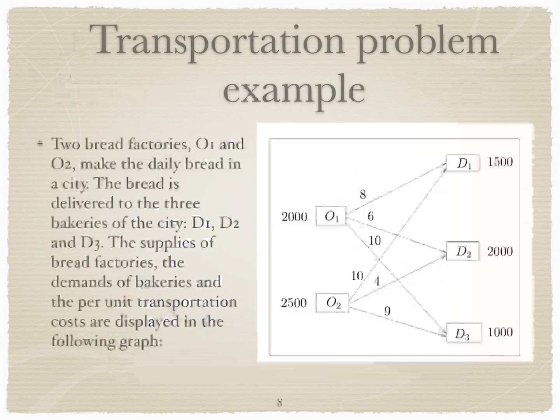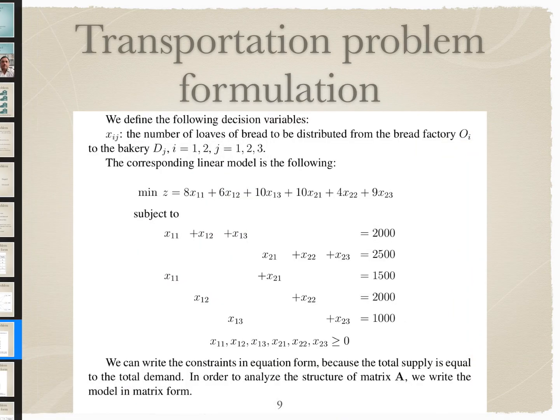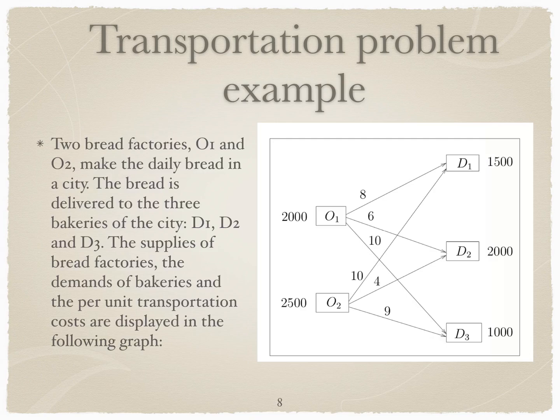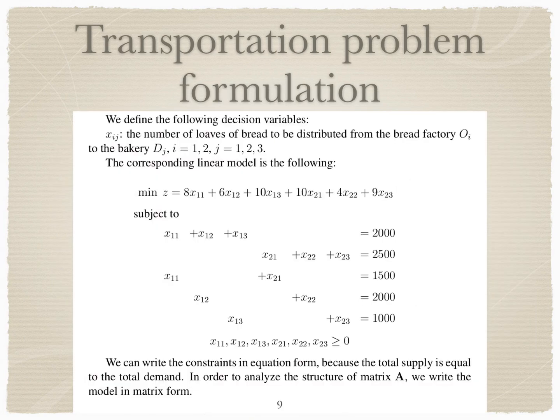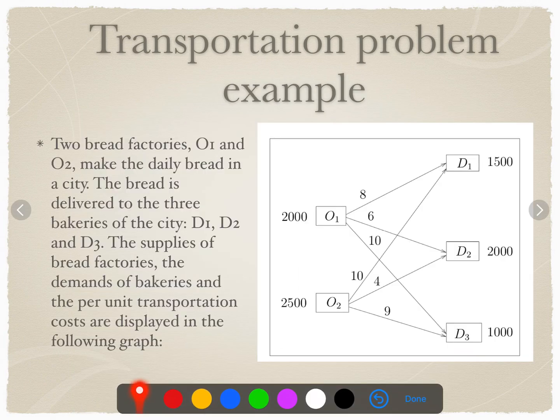We can take an example of a transportation problem. Suppose there are two bread factories, O1 and O2.